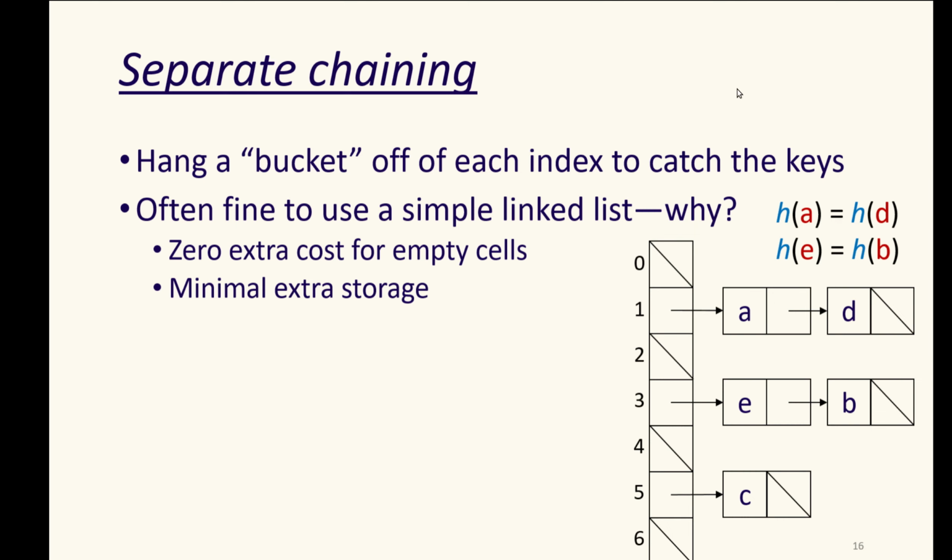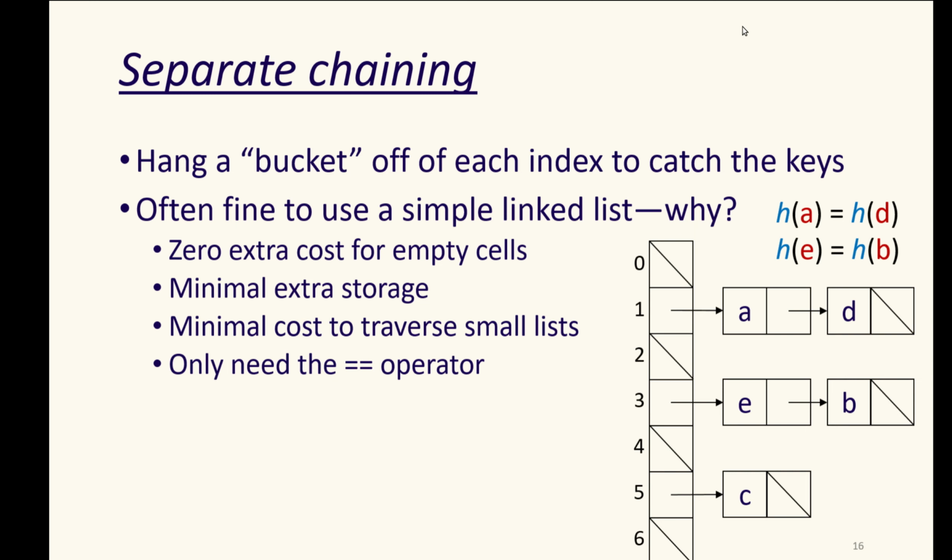So if our distribution is good, if our collisions are low, it's not too bad to step through a small list of items. That's certainly much better than stepping through a list of all of the original data without the hashing. And we really only need the equals operator. We're not doing comparisons with them like we might have to do if we were trying to do a binary search on an array inside of there and keep that array sorted.